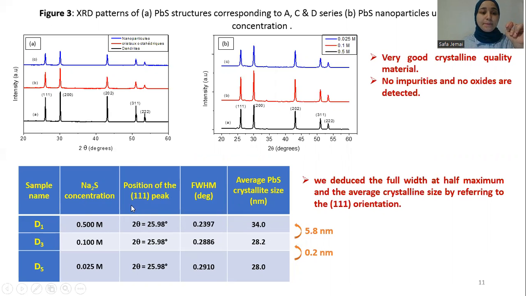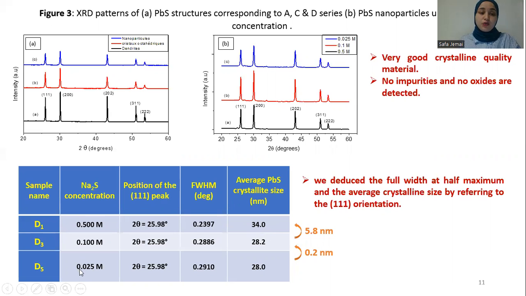When we increase the concentration of precursors from 0.1 to 0.5 molar, meaning by a factor of 5, the average PbS crystalline size increased from 28.2 to 34 nanometer, so by 5.8 nanometer.